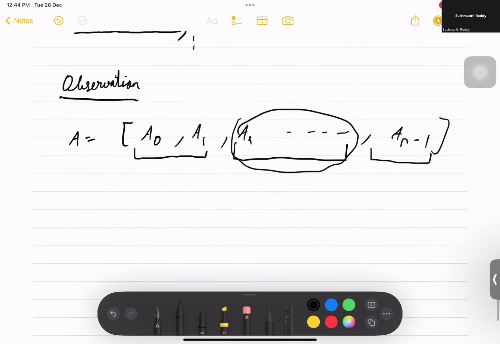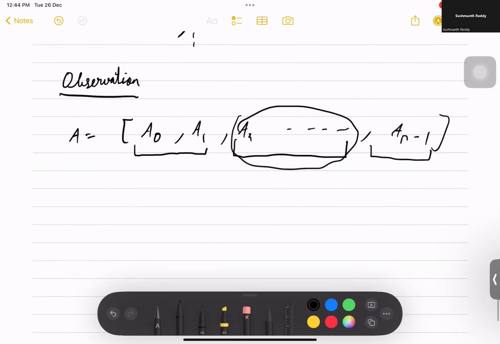Then for sure whatever prefix part is getting concatenated should be strictly increasing, and the suffix part that is getting concatenated should be strictly increasing, and the end point of the prefix should be smaller than the start point of the suffix block.